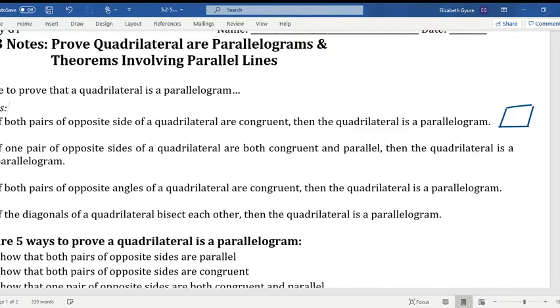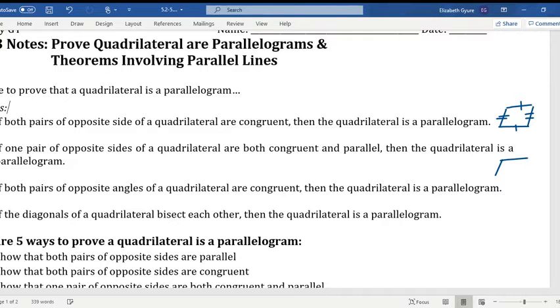So if both pairs of opposite sides are congruent, that means we have a four-sided shape. If both sets are congruent at the same time, then you know it is a parallelogram, right? So top and bottom, left and right. If you can show that both sets are congruent, then automatically it is a parallelogram. If one pair of opposite sides of a quadrilateral are both congruent and parallel, then it is a parallelogram.